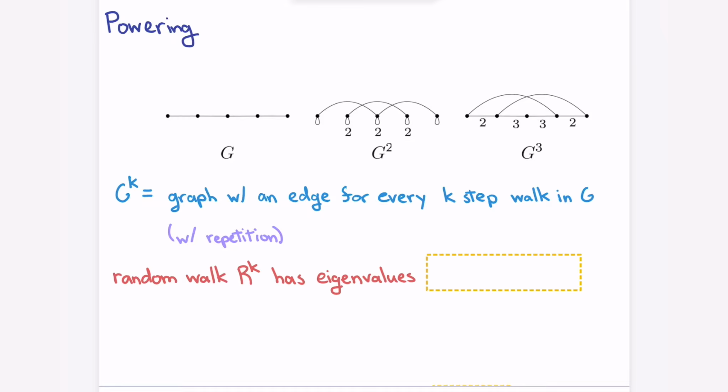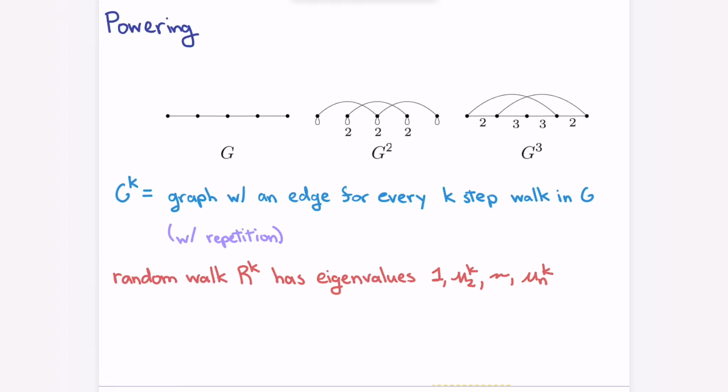If I let R be the random walk matrix, then the random walk matrix for the kth power graph is the exact same as taking a random walk for k steps on the original graph. So R to the k will be the random walk matrix for G to the k. And what are its eigenvalues relative to G's?